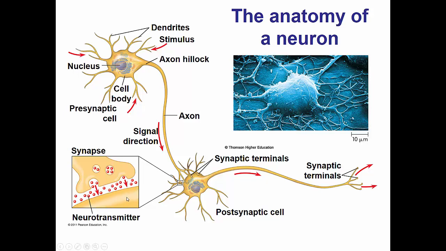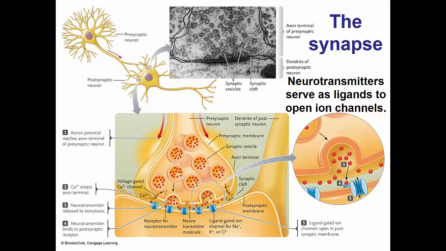And so what we're going to be focusing on is when this neurotransmitter diffuses across and binds its receptor, what does that receptor do? And those receptors are ion channel linked receptors. So that's going to be our focus. So let's zoom in and consider that a little more.